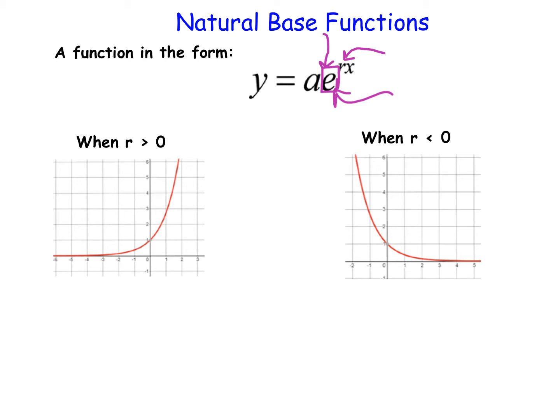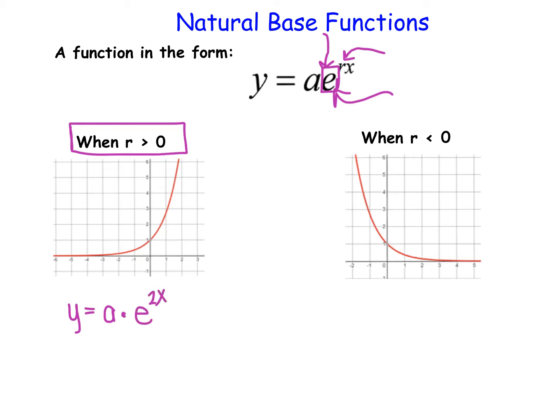Now, we have two different situations occurring depending on if r is positive or r is negative. So when r is greater than 0, which means r is positive, let's do an example so we can see it. We have y is equal to a times e to the power of 2x.